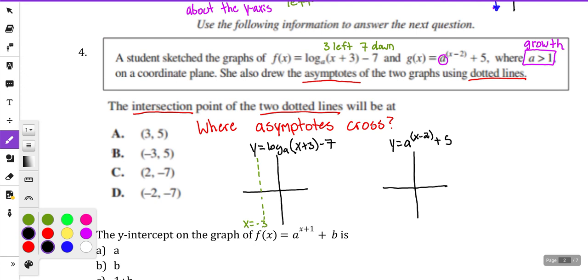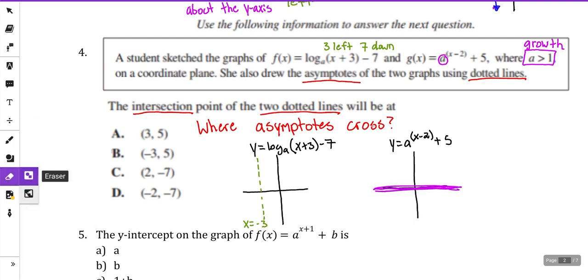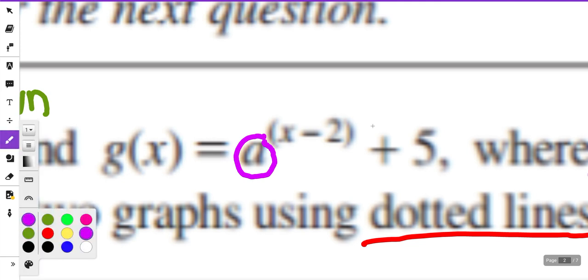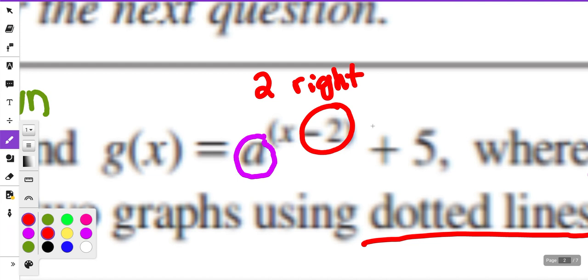It started here. That thing then moved. It was transformed. Things that happen to the x value are horizontal. So this is 2 to the right. It's on the x value, right?